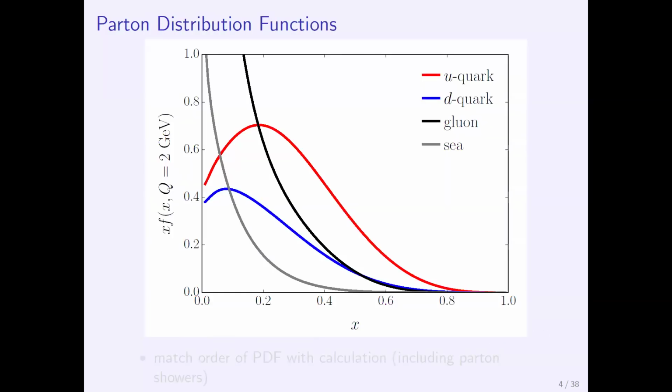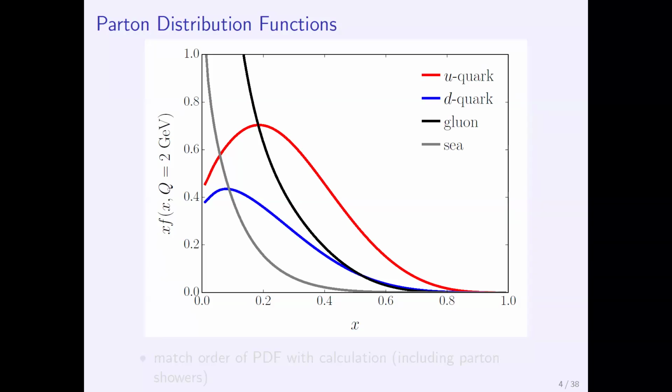Something else that I want to point out here is that this is just a little cartoon of PDFs, where we have, for example, the up quark, the down quark, the gluon, and then the C, and this is at a relatively low Q. Something that's really important in event generators like this is that you oftentimes need to be very careful about the type of PDF that you're using, particularly when we get to the parton showers.